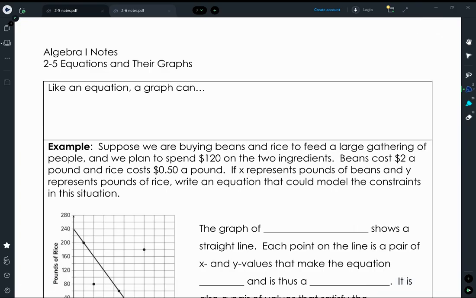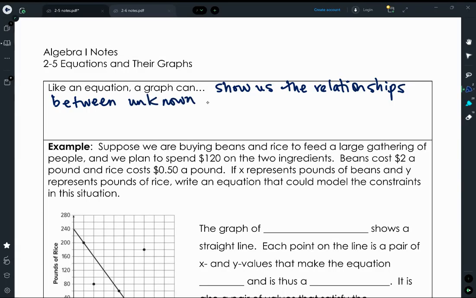So like an equation, a graph can show us the relationships between unknown quantities and also restraints.